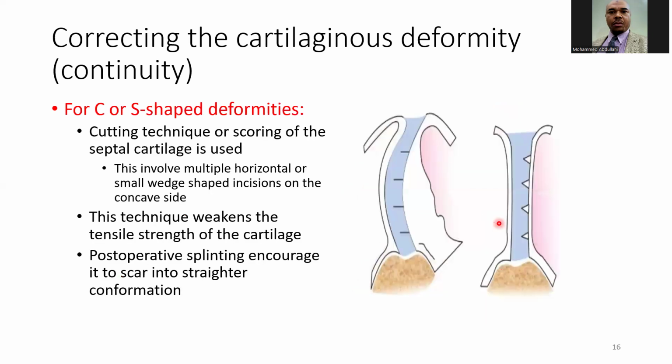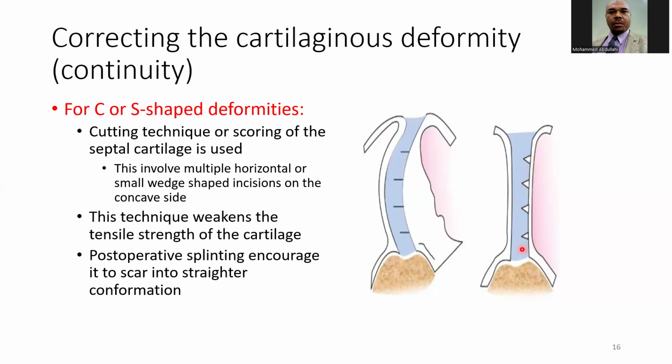Now, for C or S-shaped deformity, you can treat this kind of deformity using what we call a cutting technique or scoring of the septal cartilage. This involves making multiple horizontal incisions on the concave side of the deviated segment, or making a small wedge-shaped incision also on the deviated concave side of the septal cartilage.